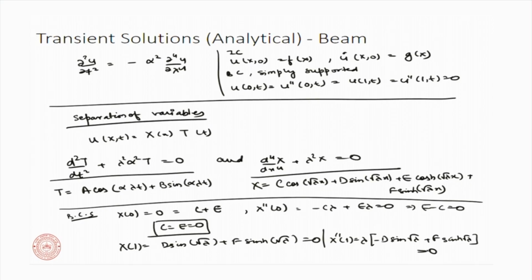Okay. Just like the last time, what we can get as an outcome from this is that d sin root lambda equals 0 and f sin hyperbolic of root lambda equals 0.